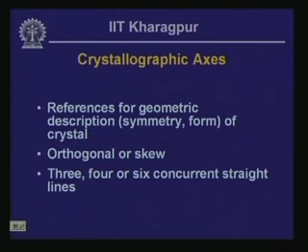That is not to say that crystallographic axes will always be identical to axes of symmetry. Now, crystallographic axes could be orthogonal or skew. They do not have to be at 90 degrees to each other, they can be at some other angle than 90 degrees, and there could be 3, 4 or 6 concurrent straight lines that form a set of crystallographic axes.